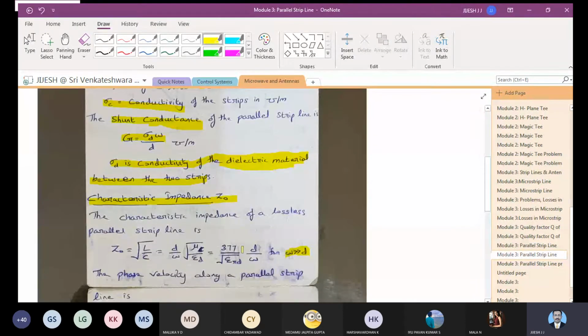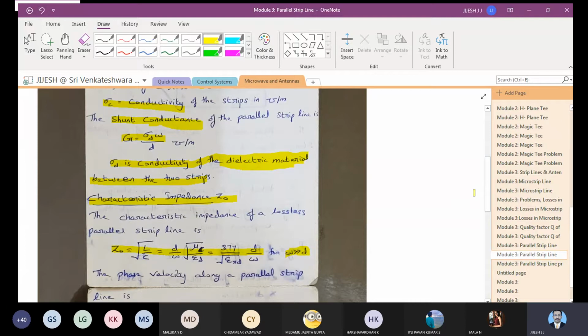When we consider it as a wide microstrip line, the characteristic impedance Z0 can be calculated by using the equation root of L by C, or it can also be taken as 377 by root of epsilon RD times D by W. This is the equation for characteristic impedance Z0 for the condition W greater than D.